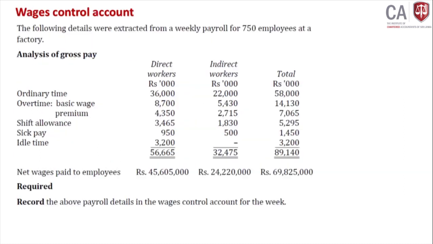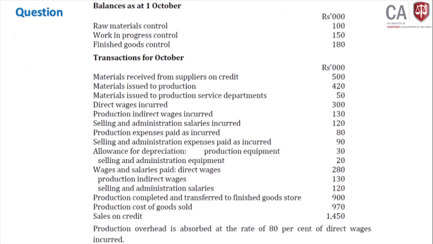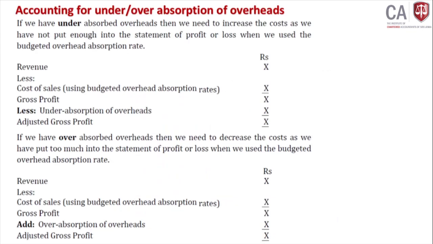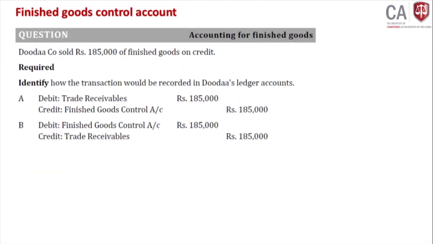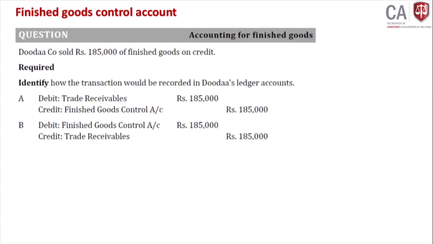After finished good, wages control account. Sorry, finished good. There's a question, small question. You can easily answer this question. The company sold 185,000 worth of finished good on credit basis.